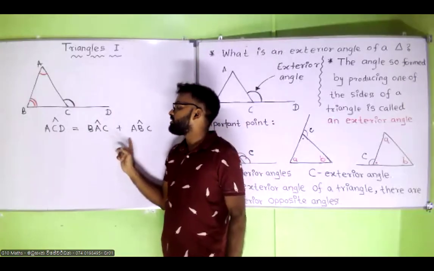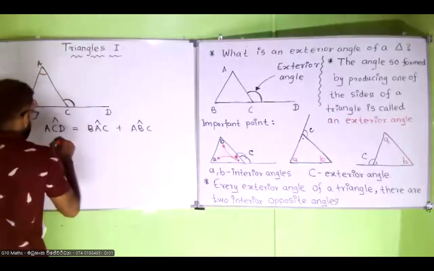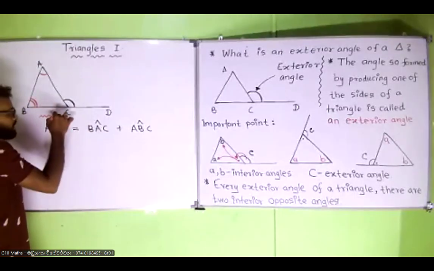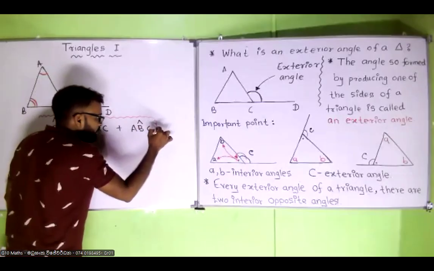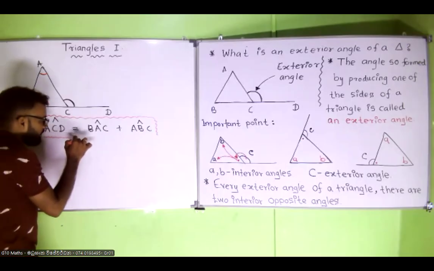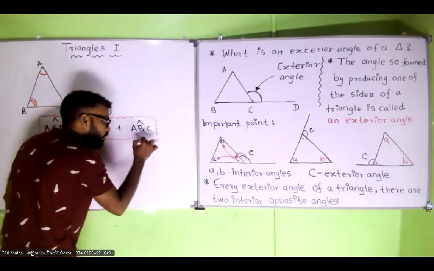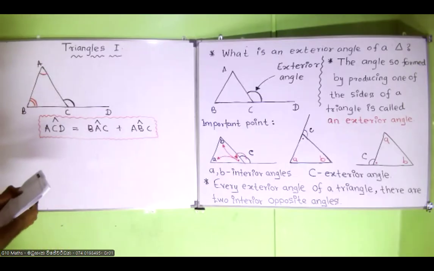ACD equals BAC plus ABC. So this is the theorem in the mathematical way. Make it important, and keep that in your mind.